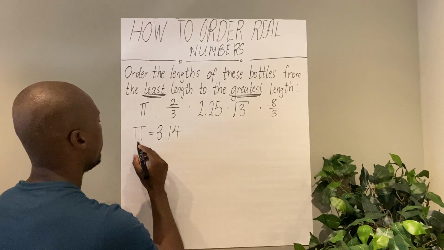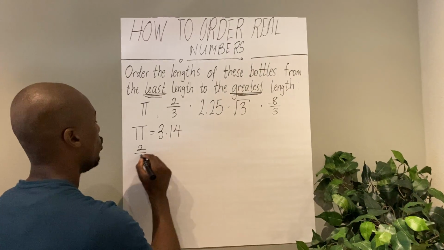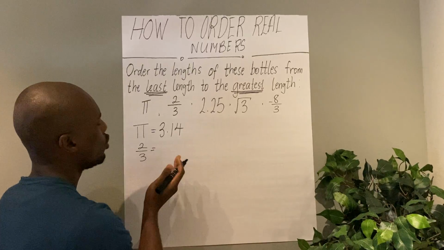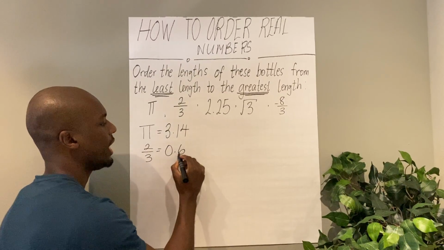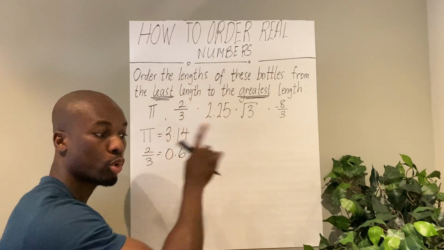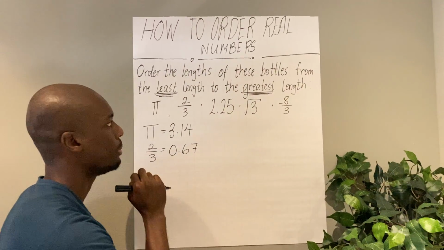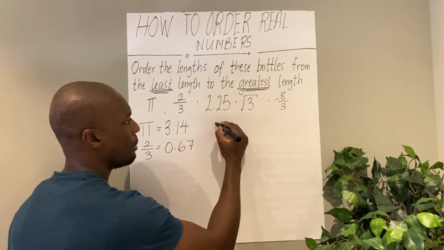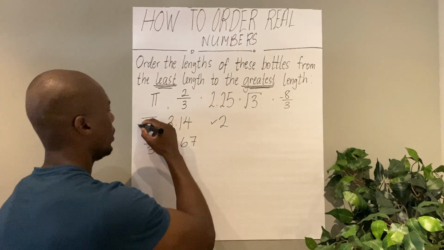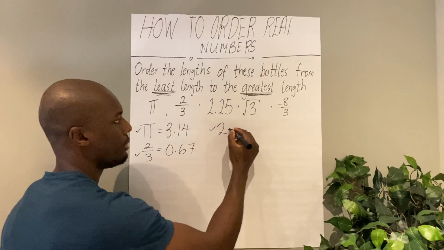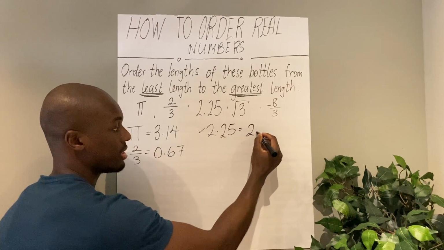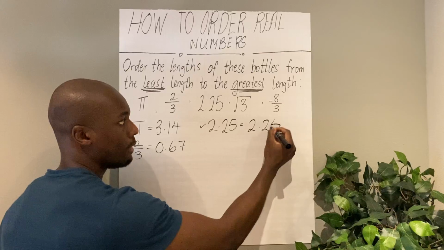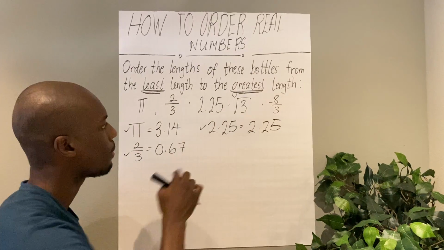The second number is 2/3. 2/3 should give you something close to 0.67, right? It also goes all the way, but I just simplified it. The third number is already in decimal, so I can just leave it as it is.